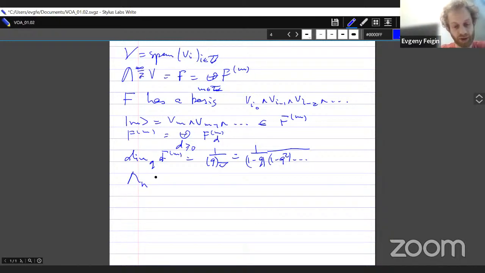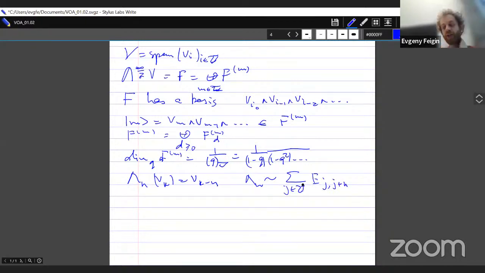So this is the setting for the fermionic part, and we've seen the operators lambda_n, which map V to V. So lambda_n of v_k is v_{k-n}. In other words, we can identify lambda_n with the sum of E_{j,j+n}, j from Z, where the capital E's are matrix units. So this is a matrix with one unit at the j-th column and (j+n)-th row.